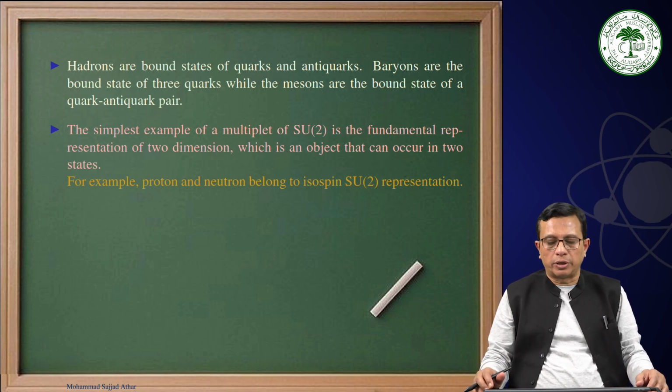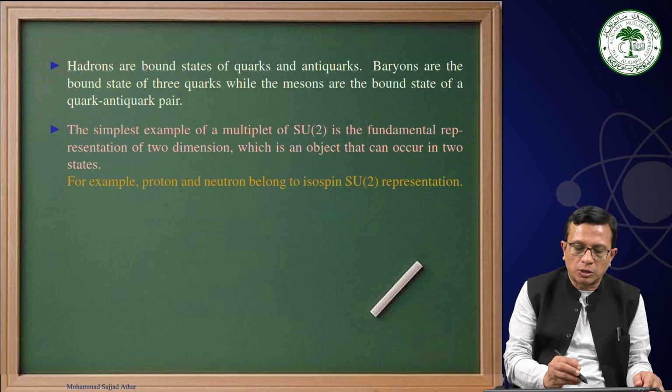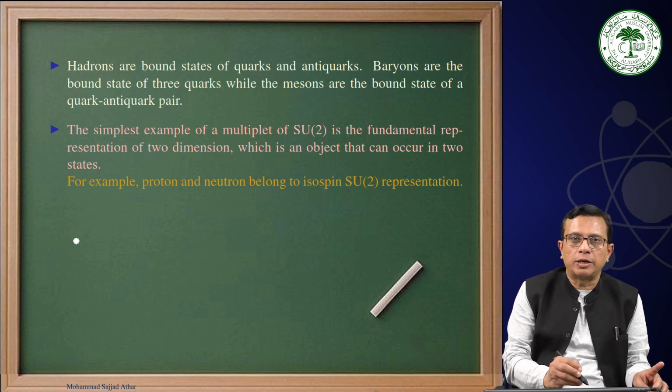For example, proton and neutron belong to an SU2 representation, and in this representation, if you recall, we said that they are members of the nucleon doublet.